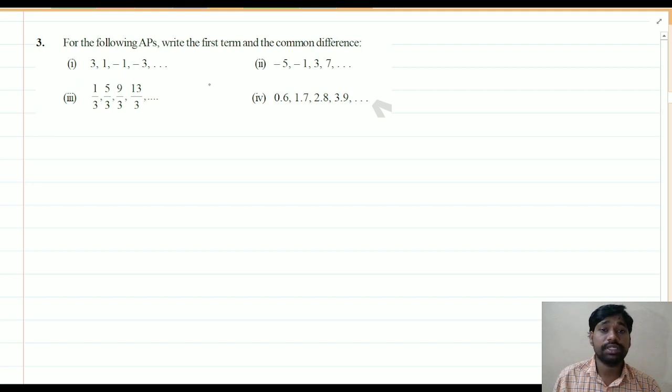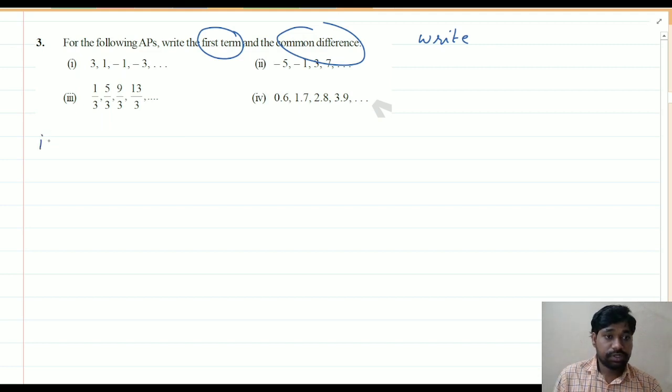If it is an AP, then we have to write the common difference and the next three terms. In the third question, we only write the first term and the common difference. The fourth question is writing APs.